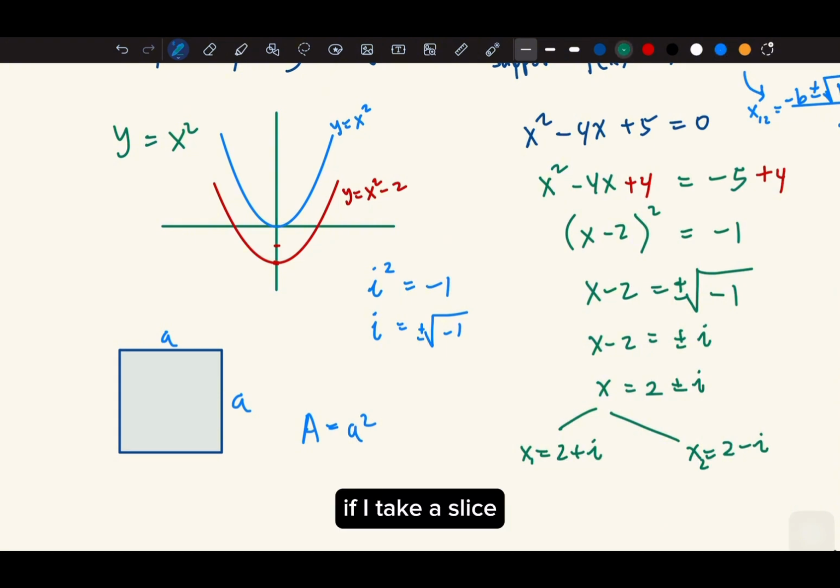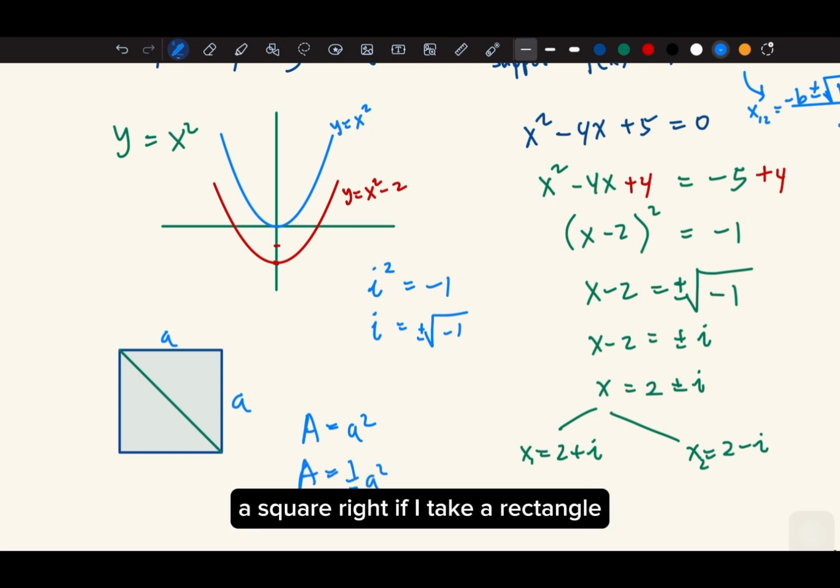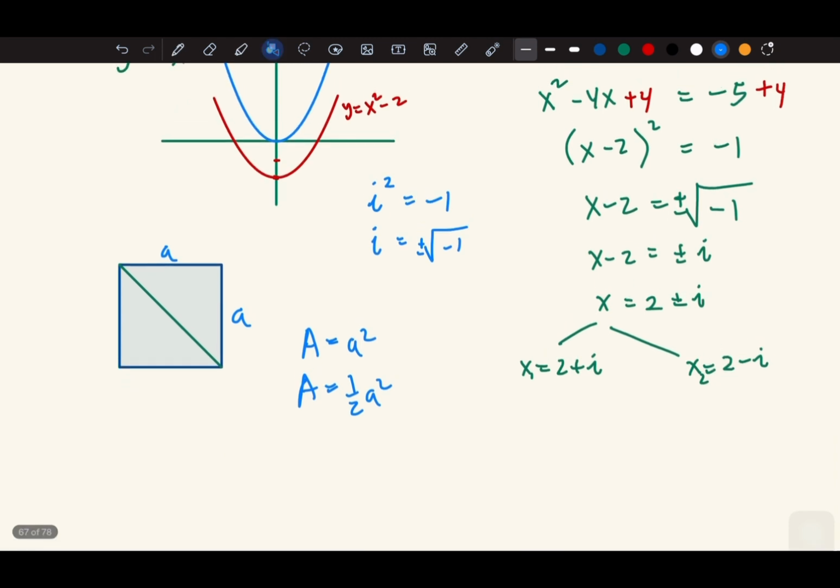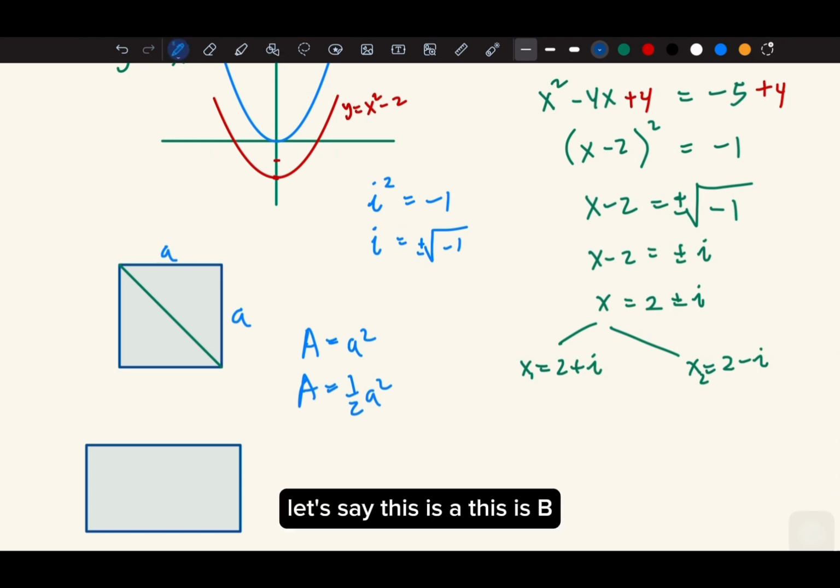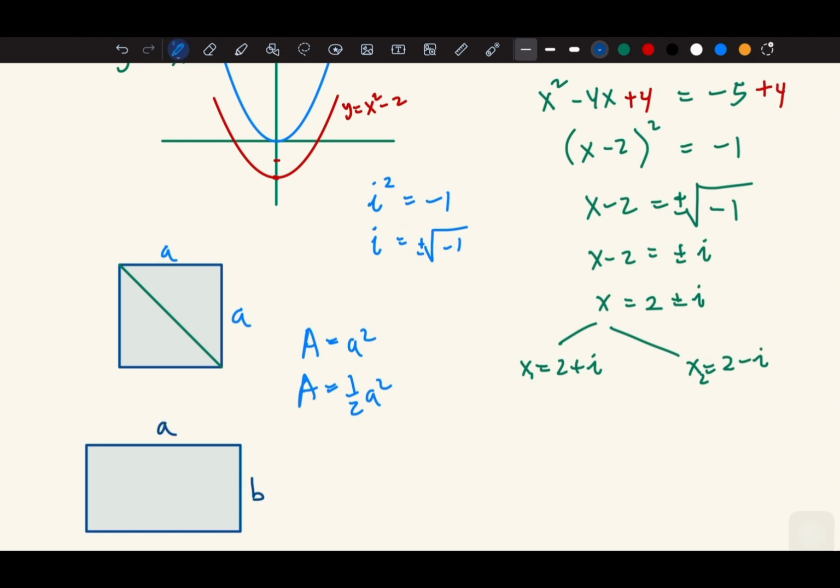If I take a slice, then the area will be half A squared, right? If I take a rectangle, let's say this is A, this is B, and just take a slice.